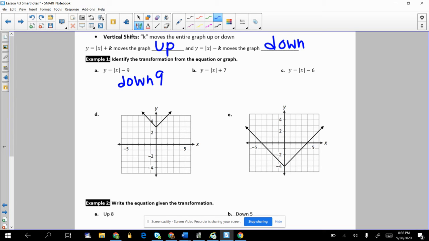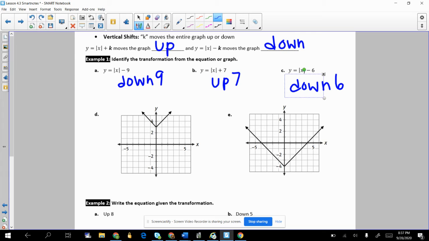Okay, and in part B, y equals the absolute value of x plus 7 would move your graph up 7 units. So in part C, I need you guys to answer what would happen here. And hopefully you answered that it would move your parent function down. That -6 would move it down 6 units.